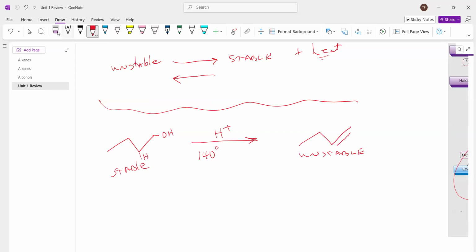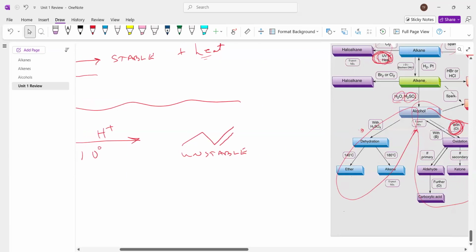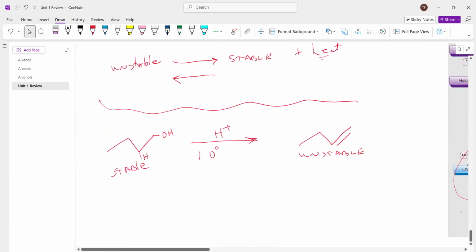Let's change that to a higher one, 180. Okay, 180 is very hot, and that tells you that this must be super stable compared to the alkene created. So what happens is we pull this water off right here.